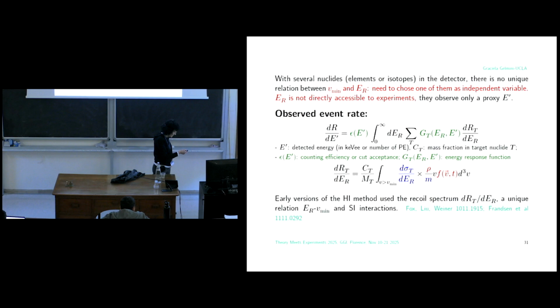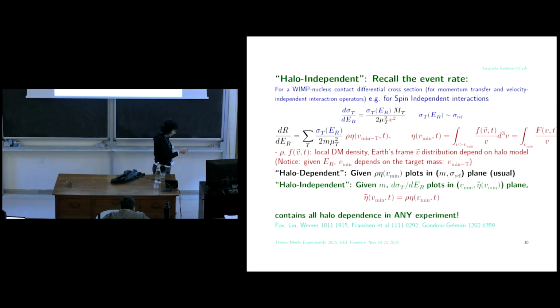If you assume that there is only one target, instead of summing, then this is simple, because the relation between your rate and eta is just algebraic. Some people still describe it in this way. They don't sum. They say, well, it's the same: to use ER is the same as V mean, and then you can pass from one to the other. That's it. Life is not so simple.